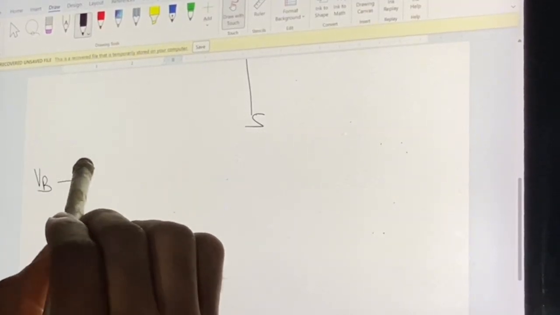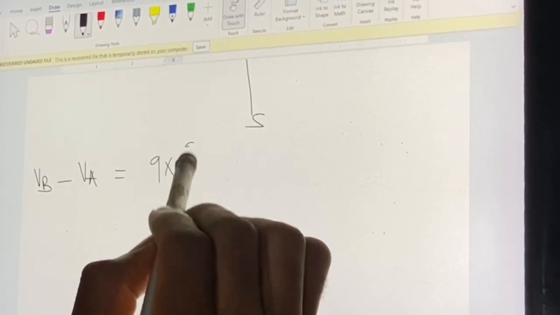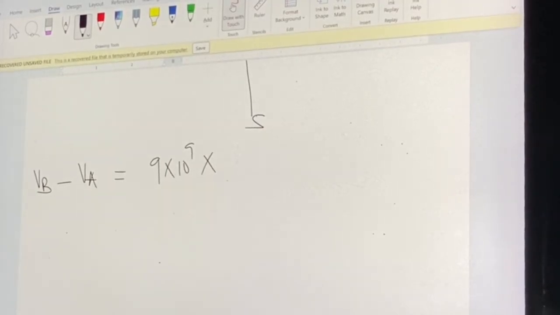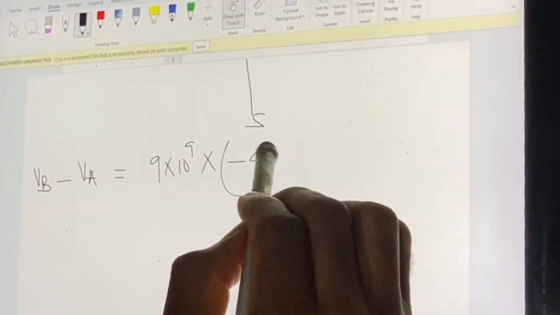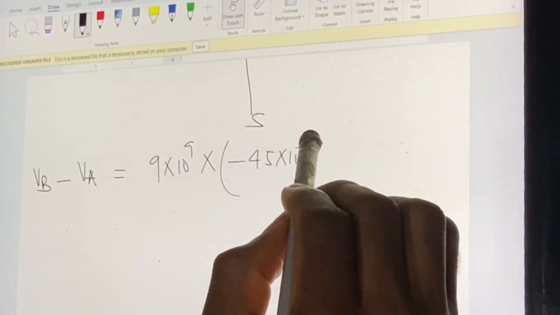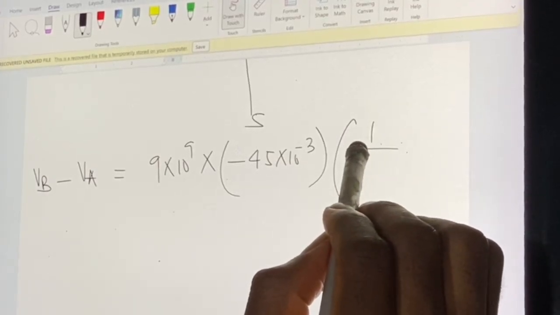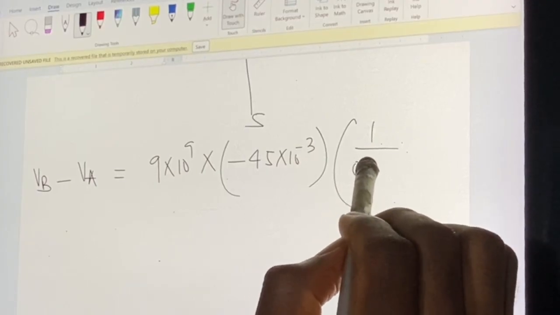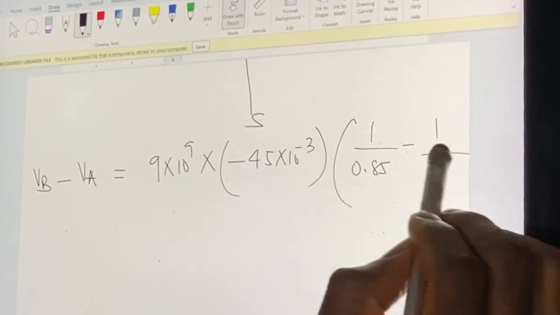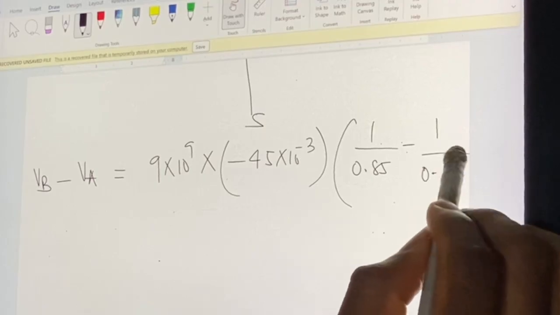VB minus VA is equal to K, the constant, which is 9 times 10 raised to the power of 9, times the charge given to us, minus 45 times 10 raised to the power of minus 3, into 1 over the distance, that is RA, given as 0.85, minus 1 over the distance at point B, given as 0.6.